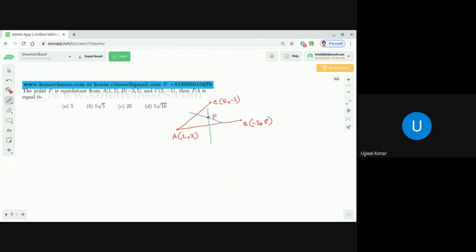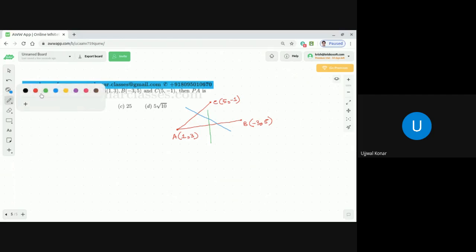So we need to find the equation of, let me draw it properly. Let me draw the perpendicular bisector of AC, something like this. So the green line is the perpendicular bisector of AB, and the blue line is the perpendicular bisector of AC.